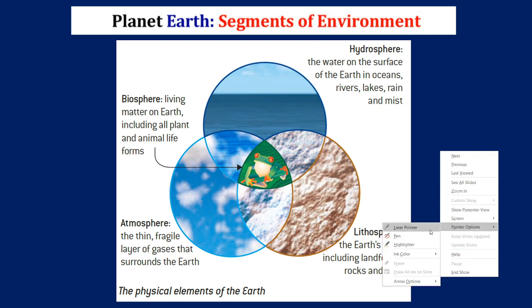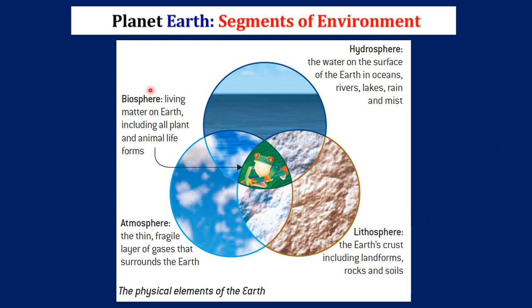On the left hand side top, you have the biosphere. The biosphere is the living matter on the earth, including all the plants and animal life. We are aware of how important the biosphere is because every living entity is present in it.